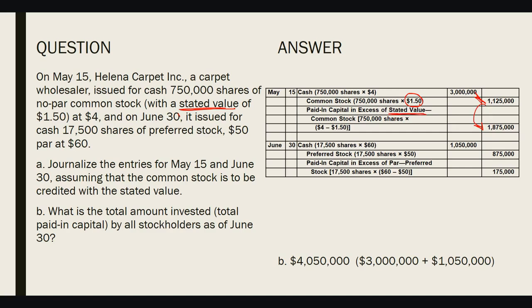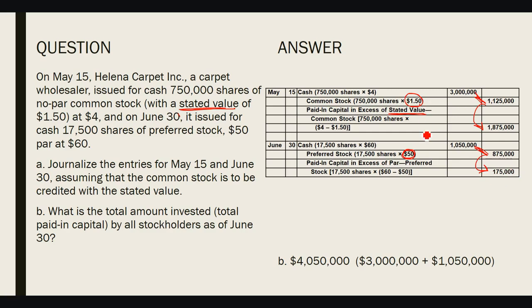On the 30th, remember, we sold preferred stock. We sold 17,500 shares. We sold them for $60 each according to the market price. And so that brought in $1,050,000. Remember that preferred stock must be listed at its par value. So we recorded and stored it as a credit to preferred stock, 875,000. The difference between the two is recorded and stored in the PIC account, paid in capital in excess of par, preferred stock, 175,000.